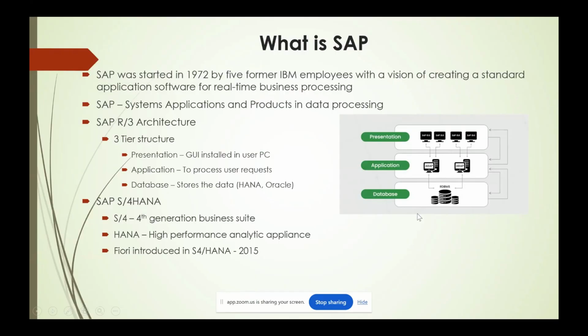Another thing is SAP will offer this database as a cloud service. Suppose you estimate, okay, I need 200 GB of data per year. SAP will give that database in a cloud. Cloud in the sense the database will be managed by SAP or any third party supplier who owns the full ownership of it.